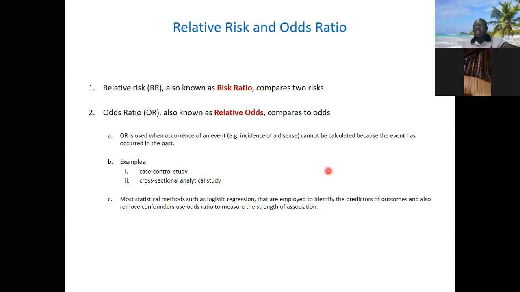Apart from case control, another example is the cross-sectional study, because when you are doing a cross-sectional study, what you are measuring is all there. What you think is causing something and what is being caused, all of them are there. Just like obesity and hypertension. Obesity is a risk factor for hypertension. You do a cross-sectional study where you measure people's height and weight to calculate the BMI.